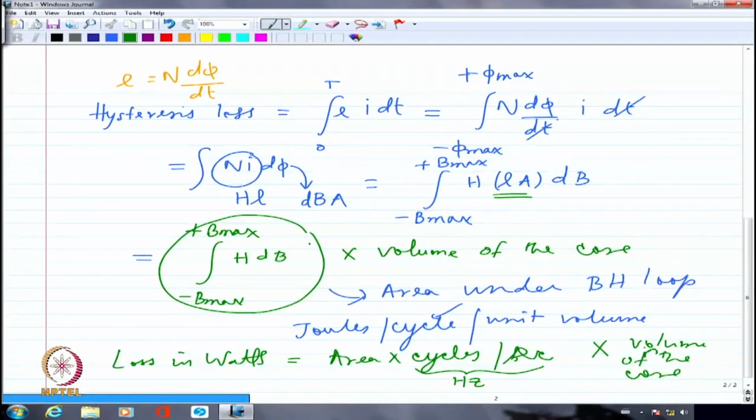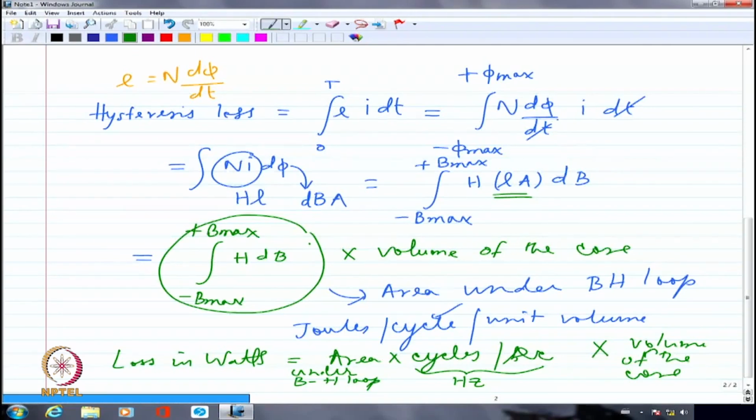So for the total loss in watts in a ferromagnetic core, I have to multiply by the frequency with which I am exciting the coil, and by the volume in meter cube. That is why hysteresis losses increase as I increase the frequency further and further. So whatever I get as the area under the BH loop, I multiply by the frequency and by the volume of the core, and then I get the hysteresis loss in watts.